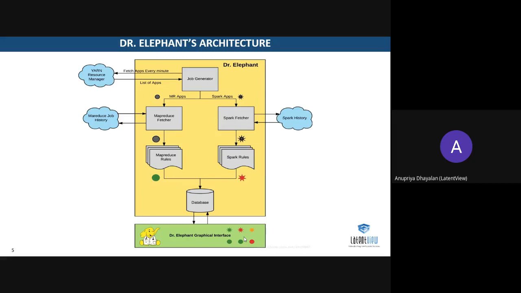When the report is generated, it helps a developer identify whether the particular application that has already completed is in a safe or critical state. Based on that report, one can tune the performance of a job in a better manner. So this is an overview of how Dr. Elephant and its architecture work.